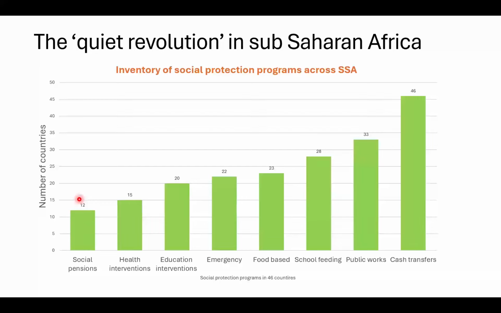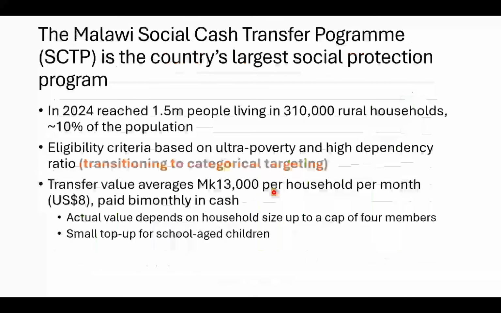The second item is cash transfers. 30 years ago, the big ticket item would have been food-based and in-kind programs, right? So there's really been this shift, what we call the quiet revolution in social protection. So that's just some background, just to say that this is quite an important topic.